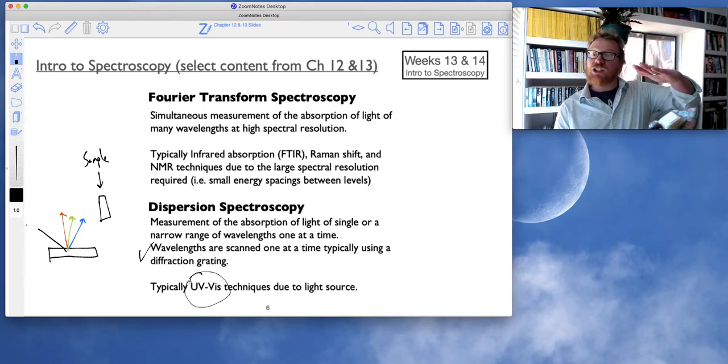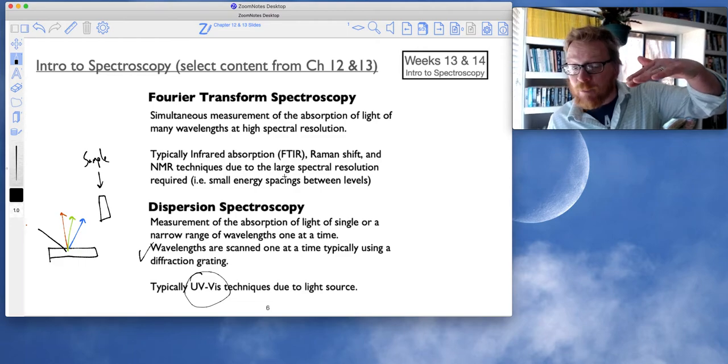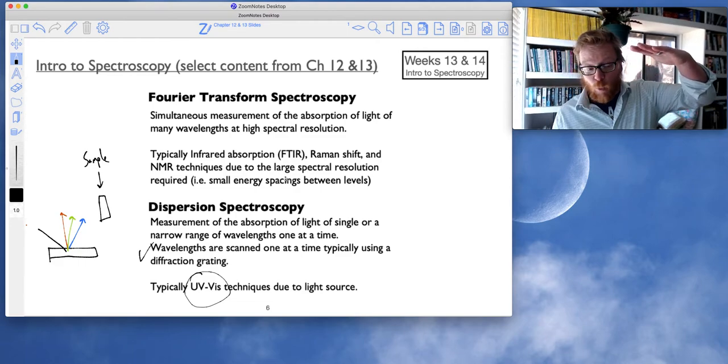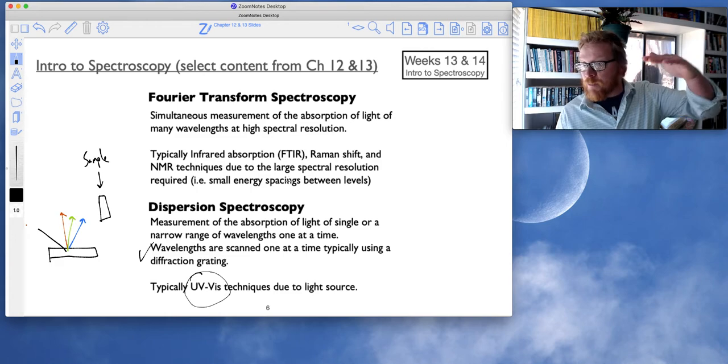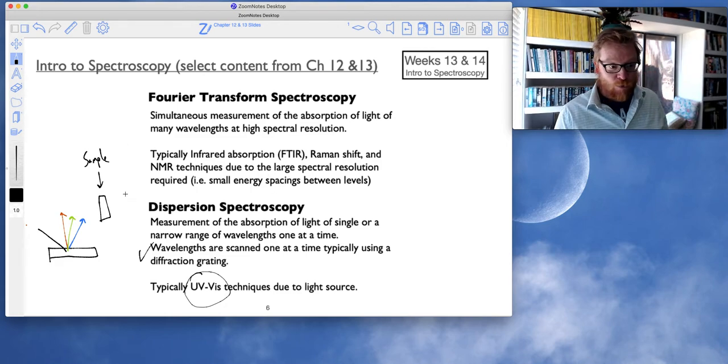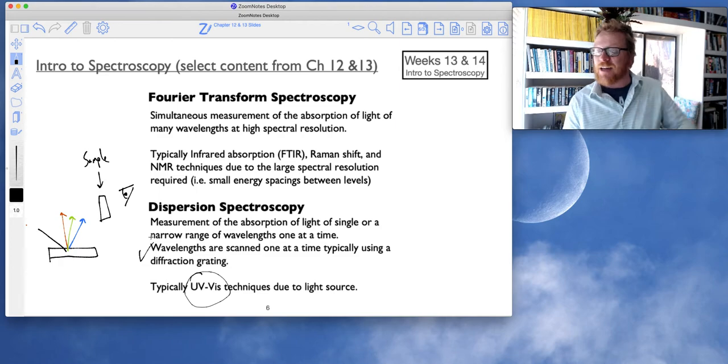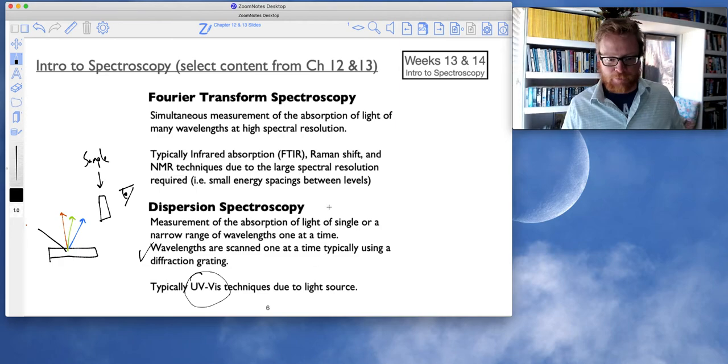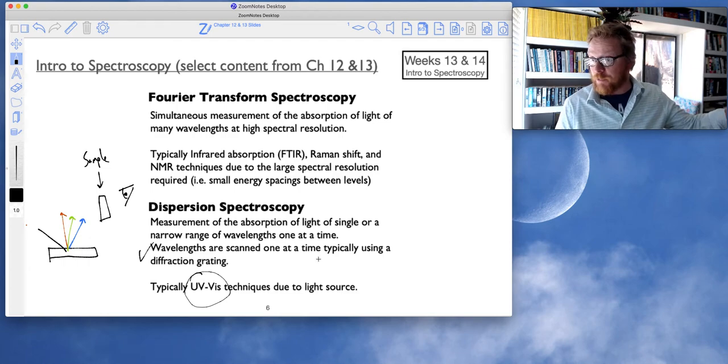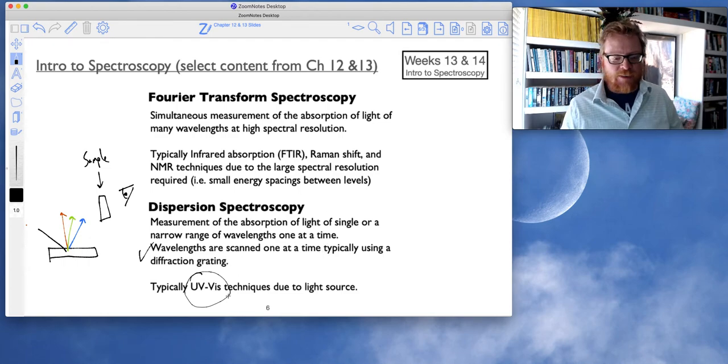And we would actually rotate that monochromator, one angle or one wavelength at a time, whatever our resolution is capable of doing, where our detector is now going to be on the other side of the sample. And we would do that one at a time, and our spectrum would be put together by scanning through all of those wavelengths. Again, that is pretty much UV vis.